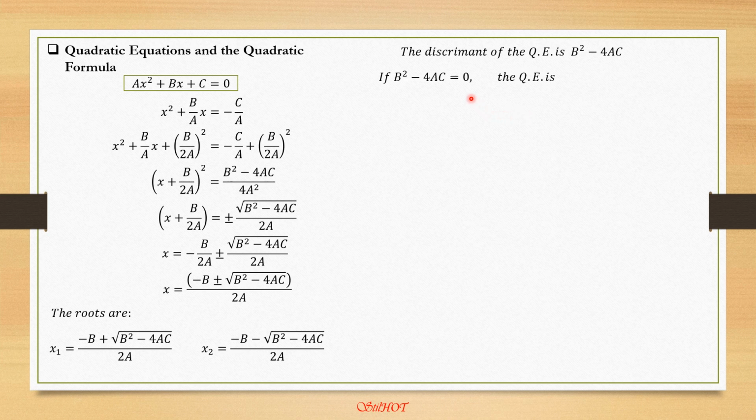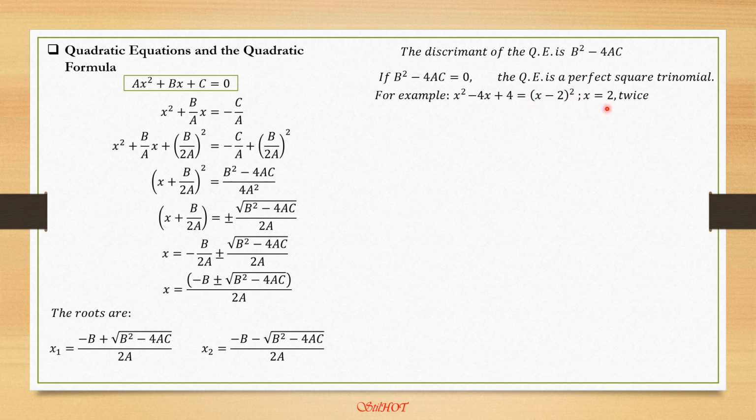Then if b squared minus 4ac is 0, the quadratic equation is a perfect square trinomial. So that is, the roots are repeated. There's only one root that is repeated. So for example, if you have x squared minus 4x plus 4, this is a perfect square trinomial because twice the square root of x squared and 4 is 4x, though the sign here is negative, so in factored form that would be x minus 2 quantity squared.